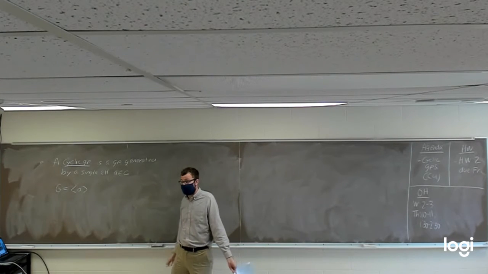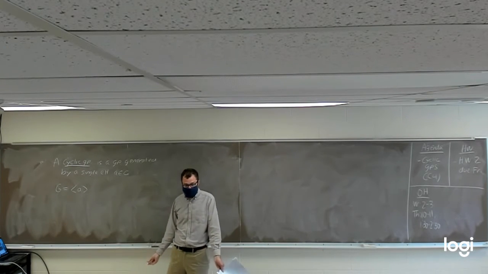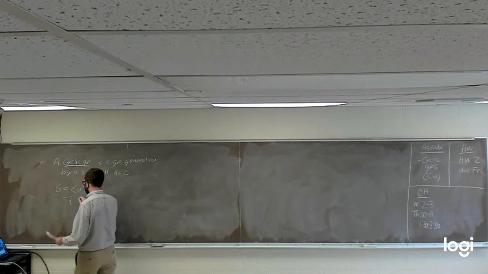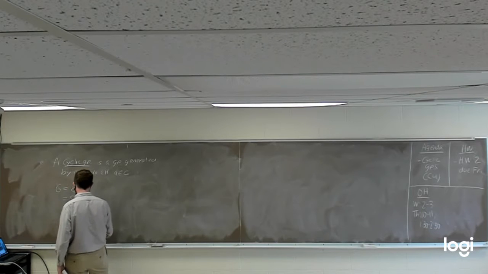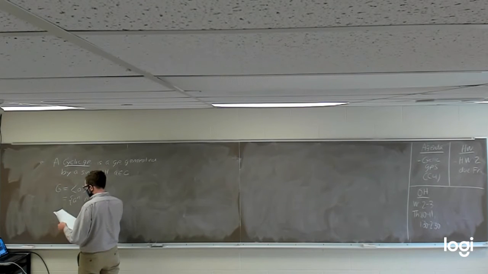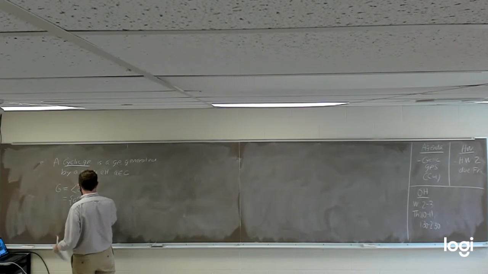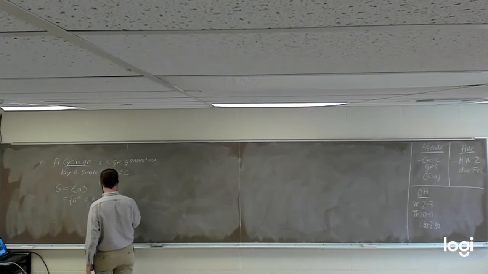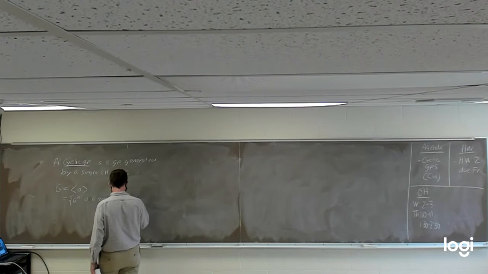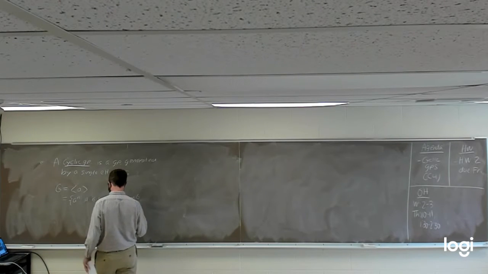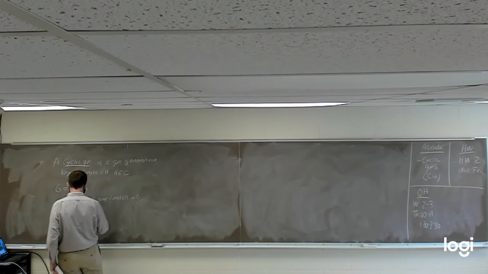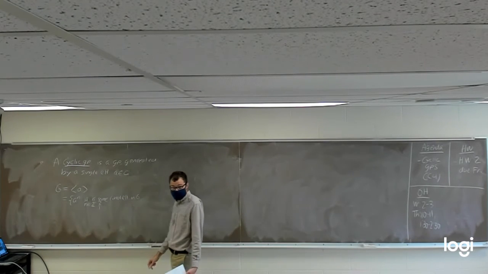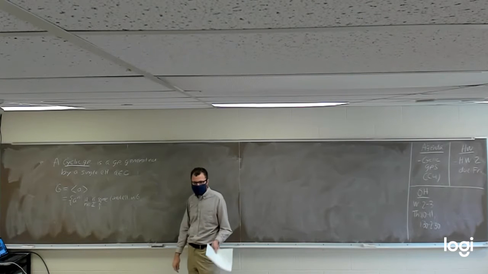When we talk about a group being generated by a single element a, what we really mean is that every element in the group can be written in the form a to the n power, where a is just some fixed element in G, and n is any integer.